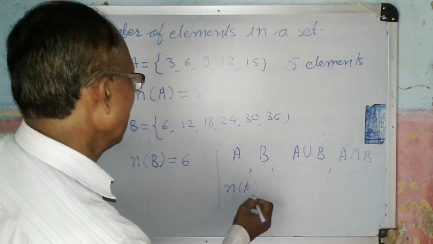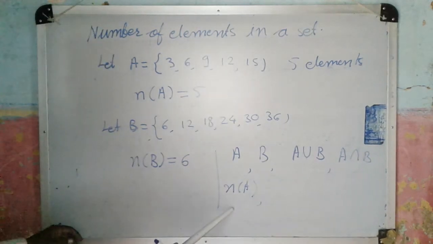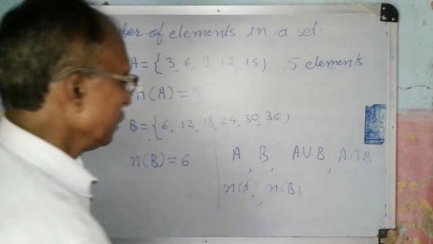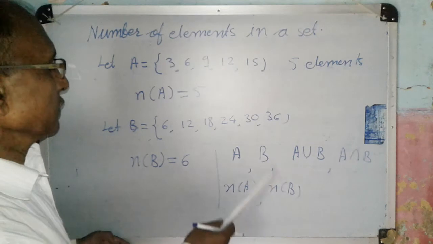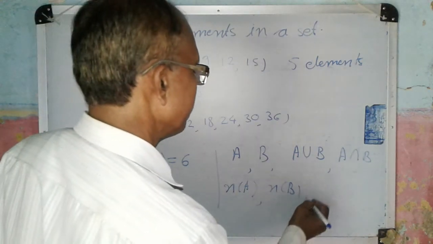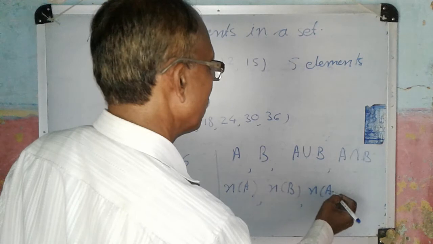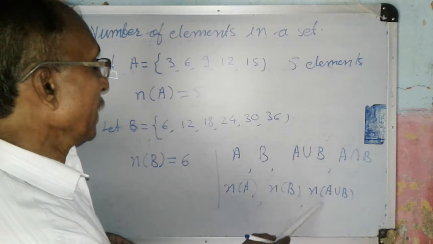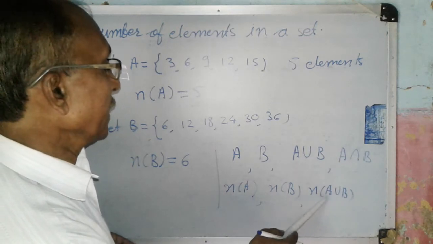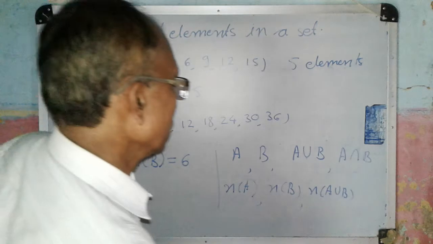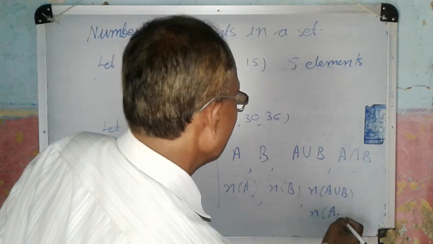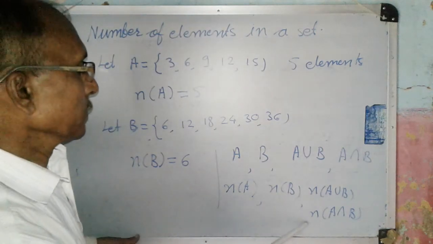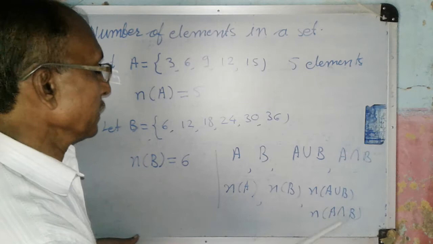Number of A means number of elements in set A. Number of B means number of elements in set B. Number of A union B means number of elements in the set A union B. And number of A intersection B means number of elements in the set A intersection B.